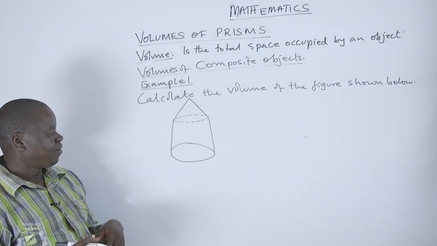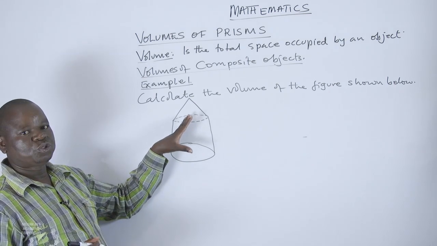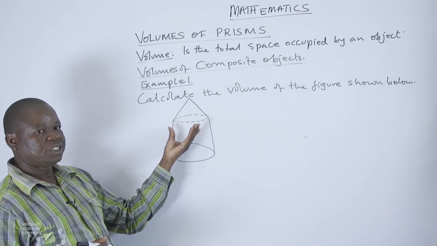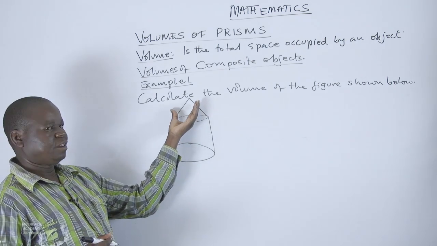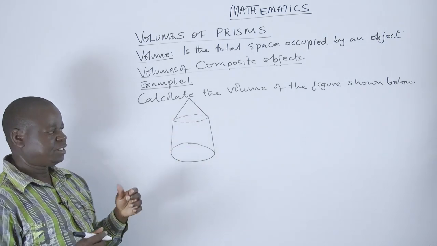So this is a composite figure. You can see it is made of two basic objects, the conical part and the cylindrical part.